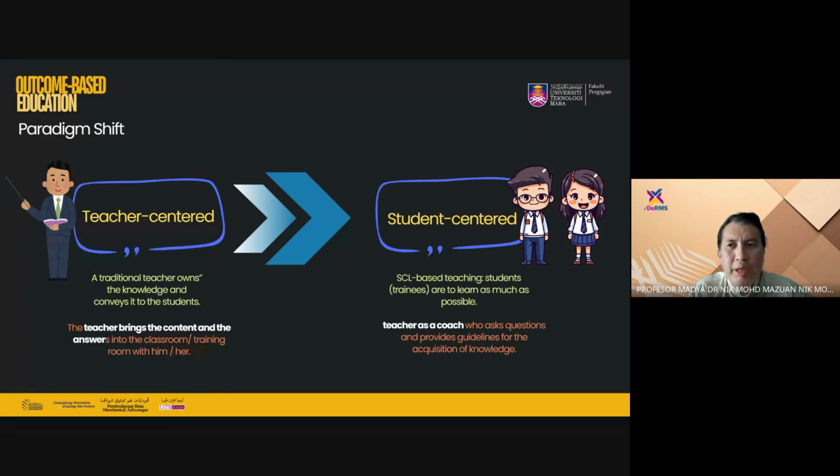Or, for example, if they have formulas that they need to apply, then give them scenarios, which could be part of the teaching and learning method. If you do that, you can actually replace your traditional lecture methods. So that is considered OBE compliance. Okay, so you can do that in the class.